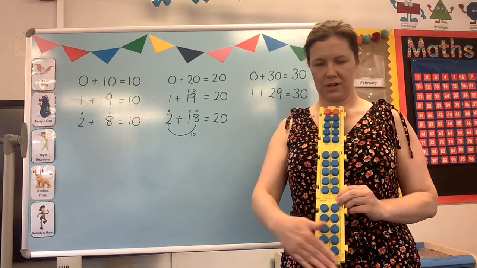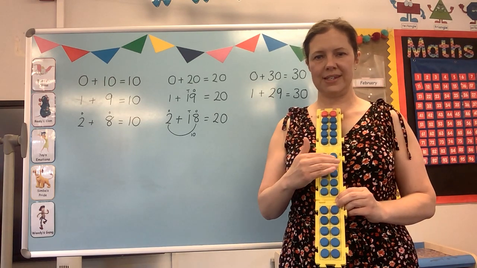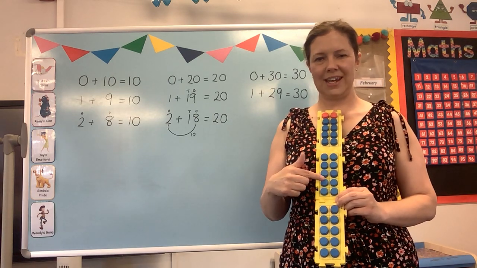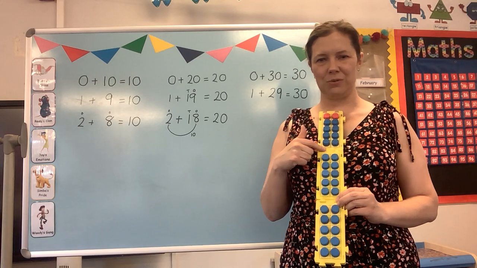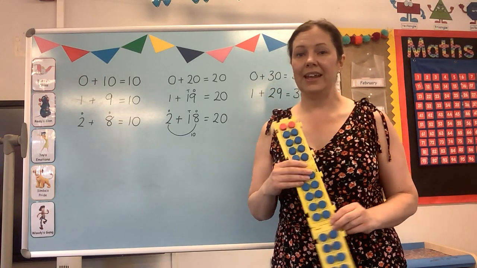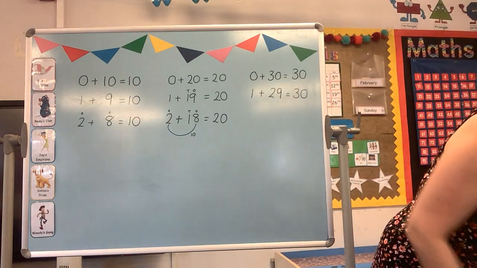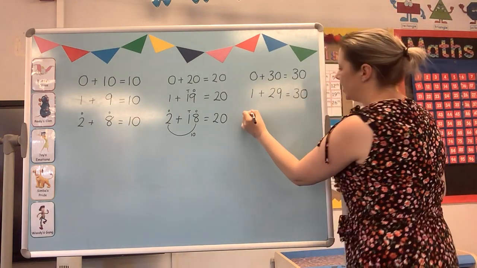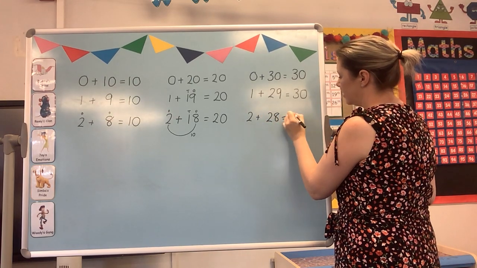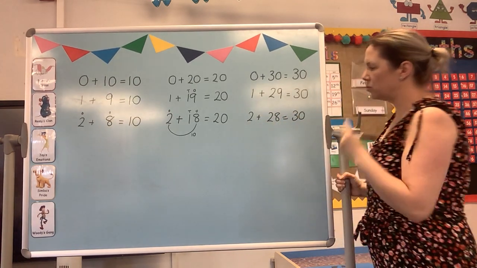So what have we got? 10, 20 and 8. So 10, 20 and 8 ones. What is that altogether? Well, 20 and 8 is 28 when we use our place value. So I'm going to put that on here, look, 2 add 28 equals 30.